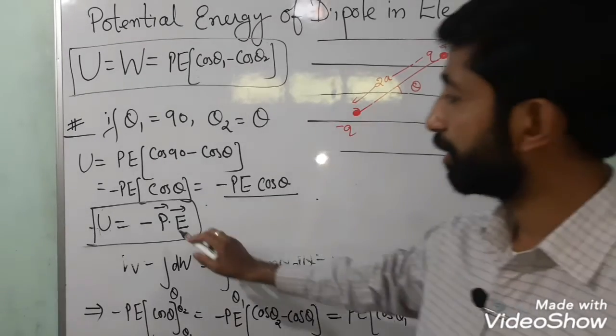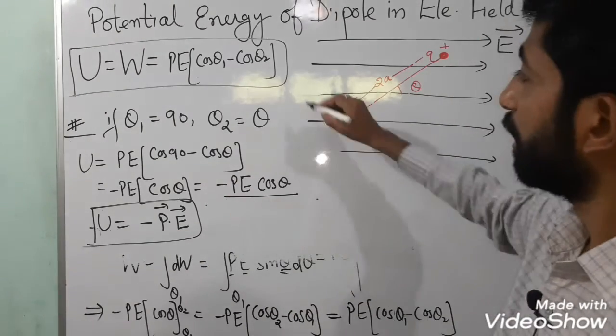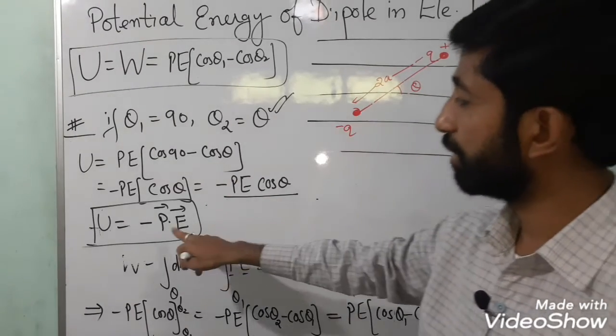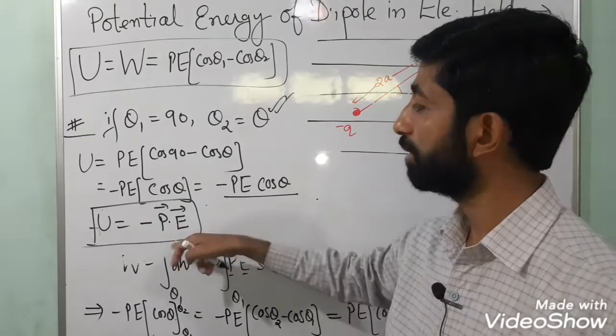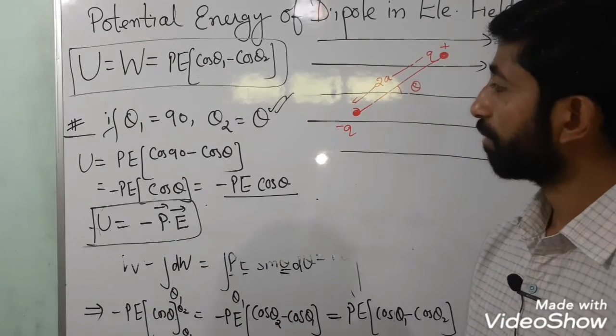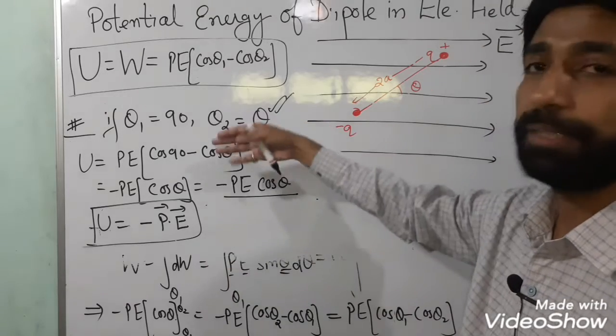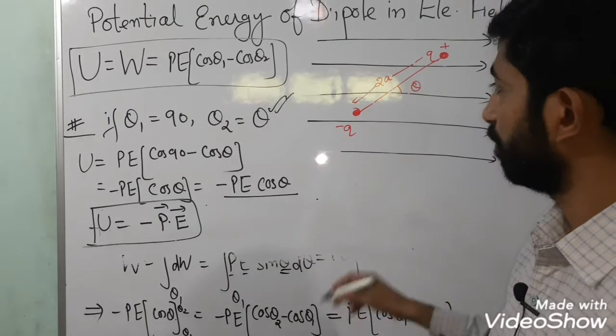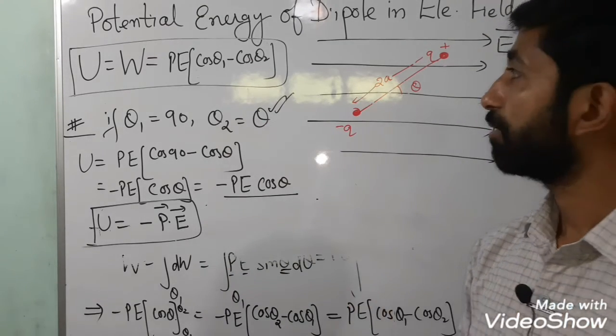So this is the potential energy of the dipole at an orientation of theta. This is the main formula for us. We shall be using this everywhere required, and this can be further split into this.